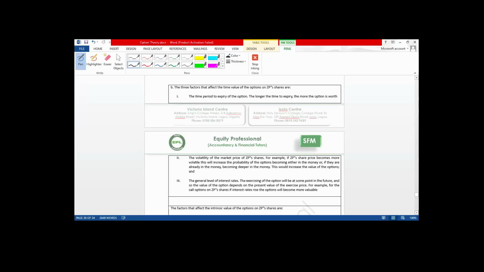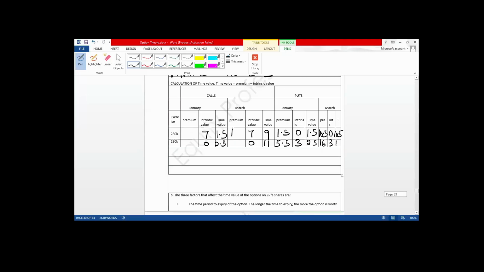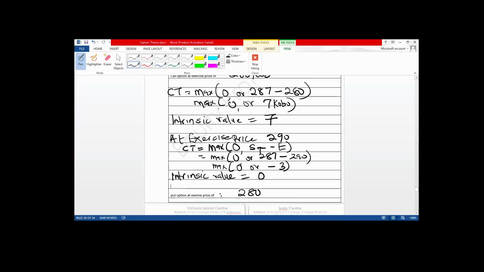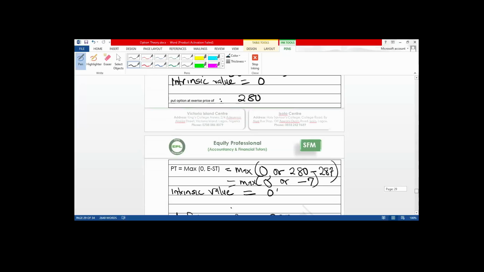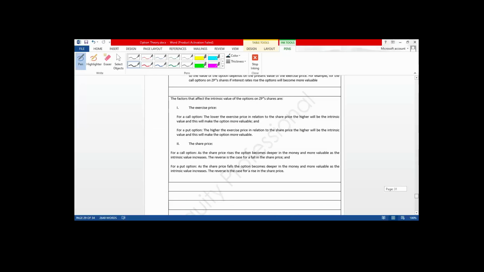There are two factors. If you want to calculate intrinsic value, there are two variables you use: stock price and exercise price. Look at the computation for intrinsic value. Stock price and exercise price. These are the two factors that will affect your intrinsic value. You can explain.